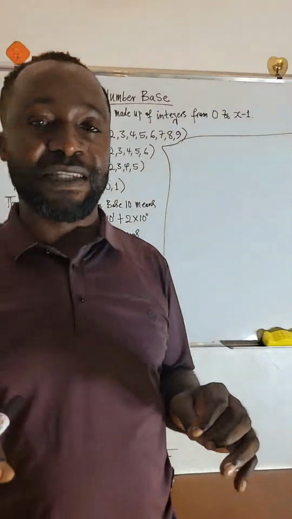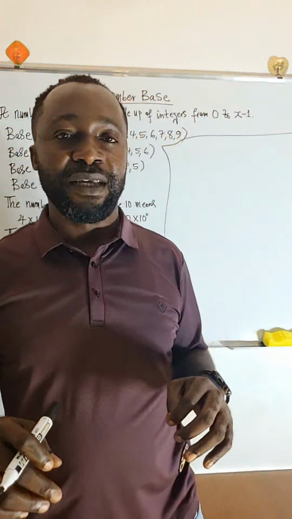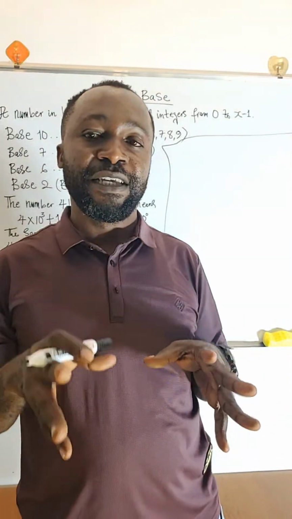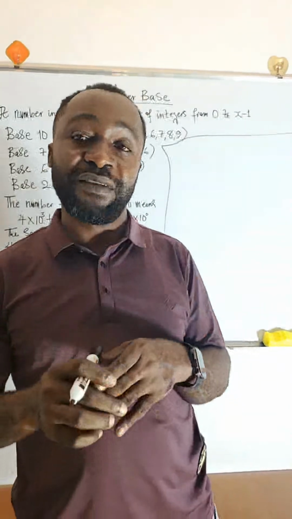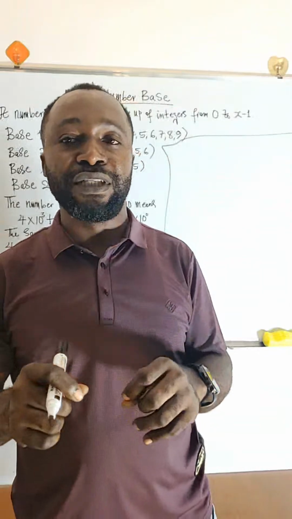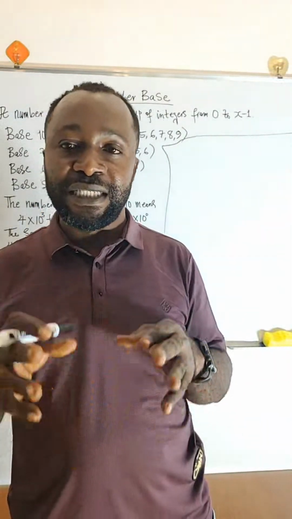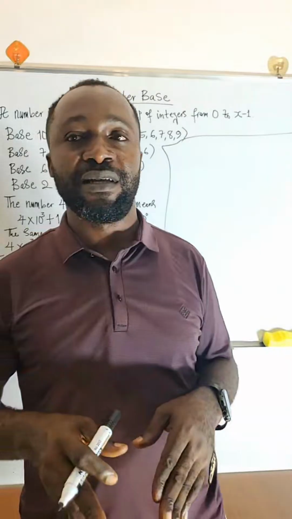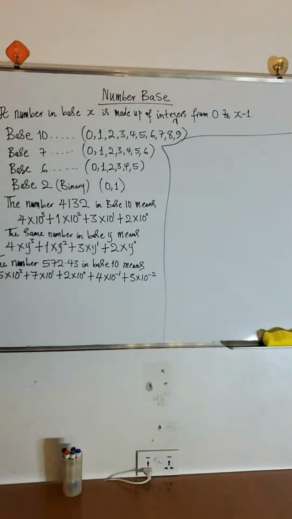What if that same number is expressed in base y as well? What if 572.43 is expressed in base y? So let's see what that will look like.